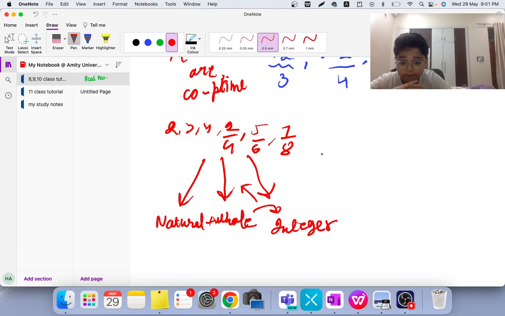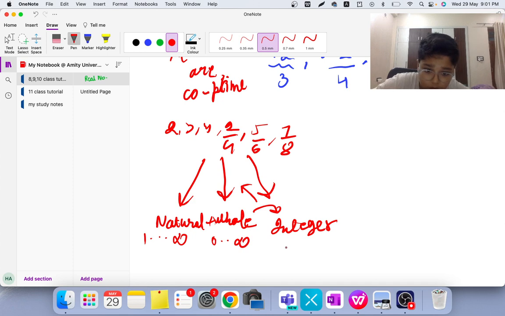Natural numbers, whole numbers. Before that, let me tell you: 1 to infinity are natural numbers, 0 to infinity are whole numbers, and minus infinity to positive infinity are integers.